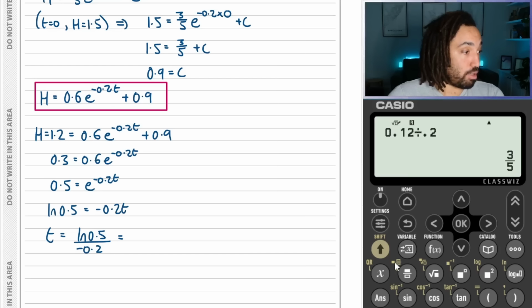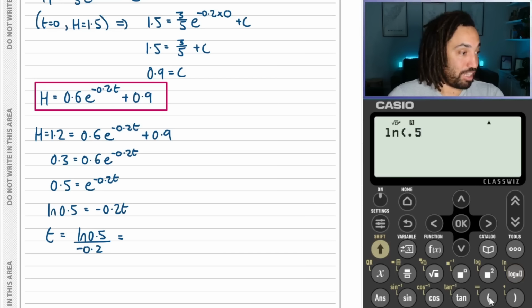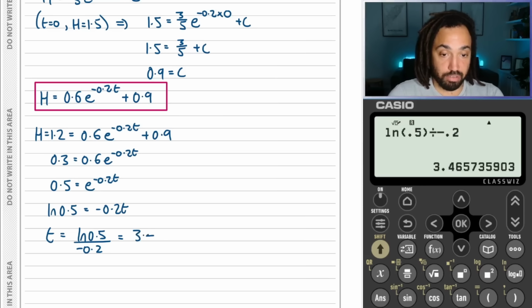New calculator, not as comfortable with it as the old one, but you've got to get with the times. Okay, right, there we go. 3.466.